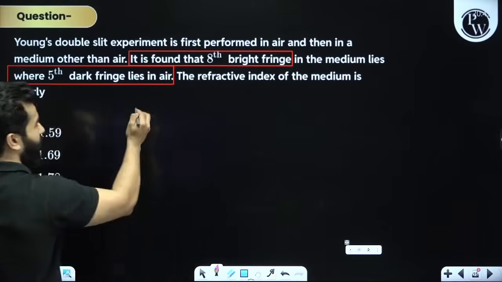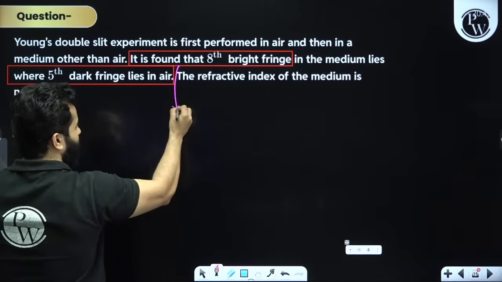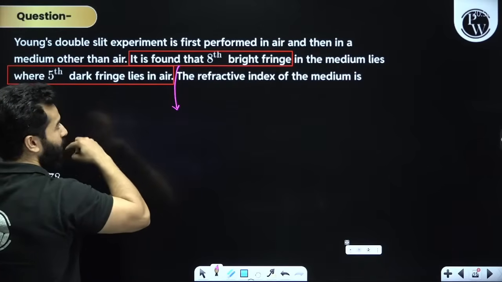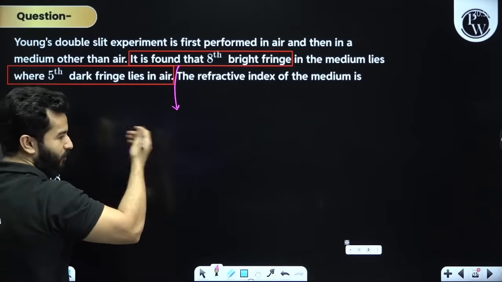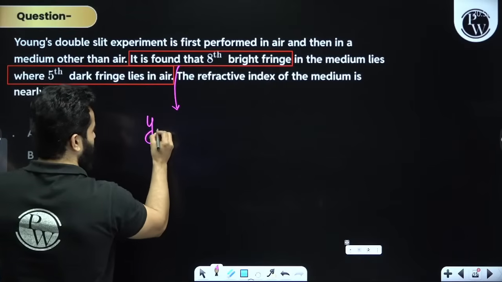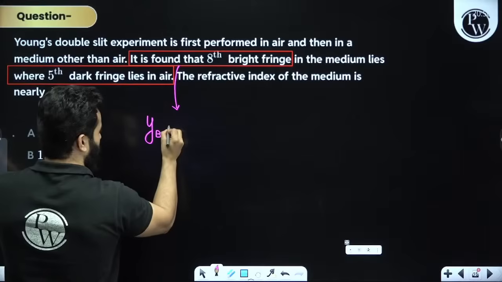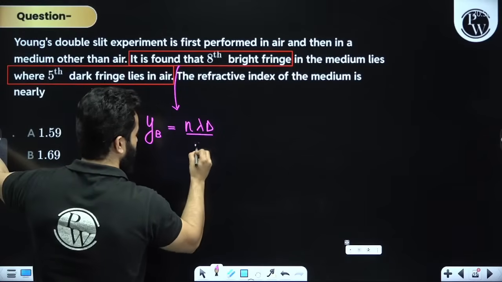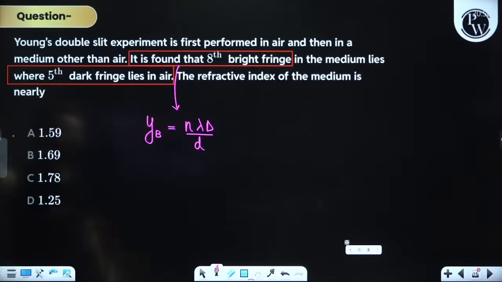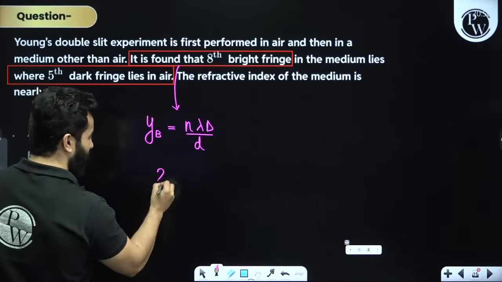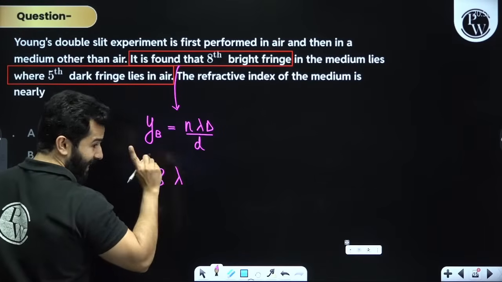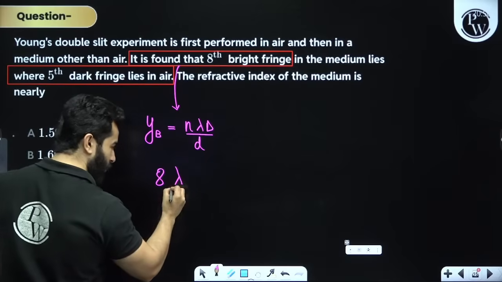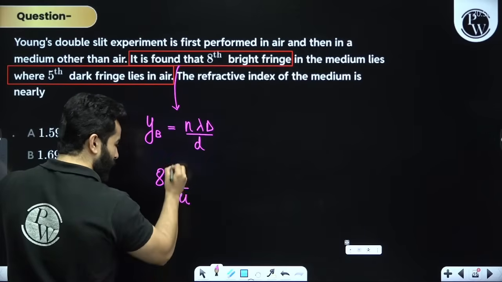The 8th bright fringe in the medium will be written like this, dosto. Basically the position is written as YB equals n lambda capital D by small d, right? So for the 8th, I am writing it with lambda divided by mu.